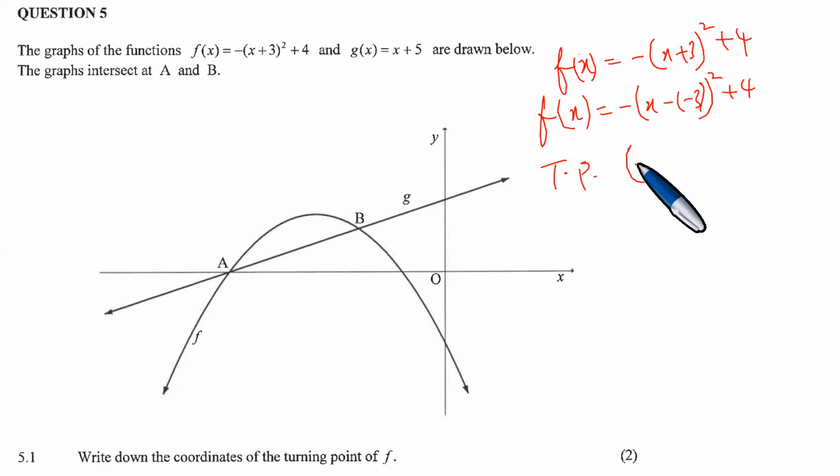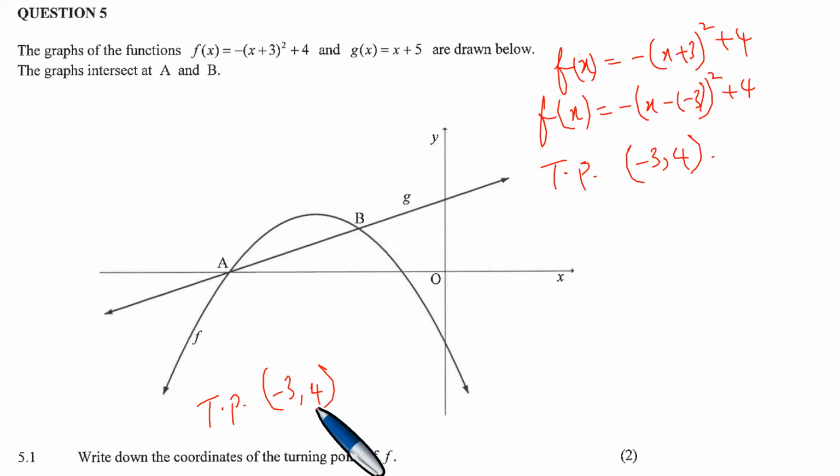So what is the turning point? It's minus 3, 4. Minus 3 comes from there, the 4 comes from there. And these become the coordinates of the turning point. So in this question the coordinates of the turning point TP are minus 3 together with 4.